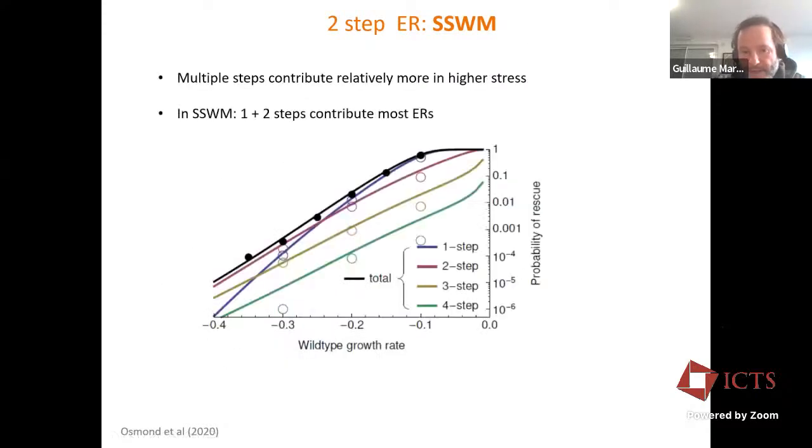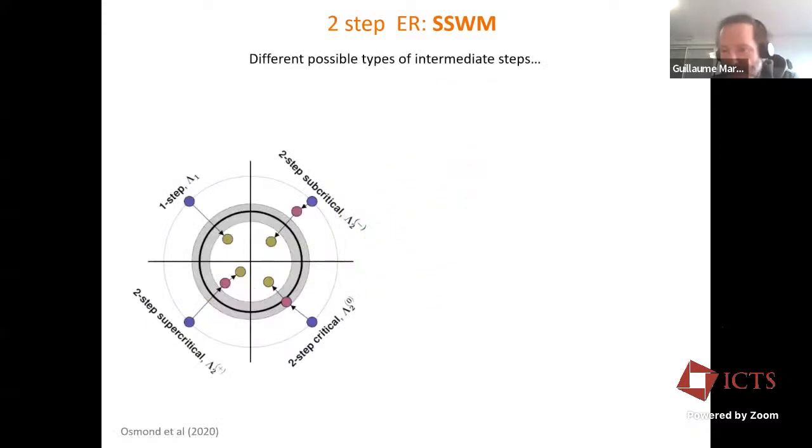Here is the phenotypic place where those 1 and 2 steps are. So here we're seeing the landscape from above. We're looking at phenotype space with 2 traits in this case. The optimum is at the center of the target. And the blue is the wild type. It's standing at some distance from the optimum because it's in the stress. And the gray circle is the area where you have a positive growth rate.